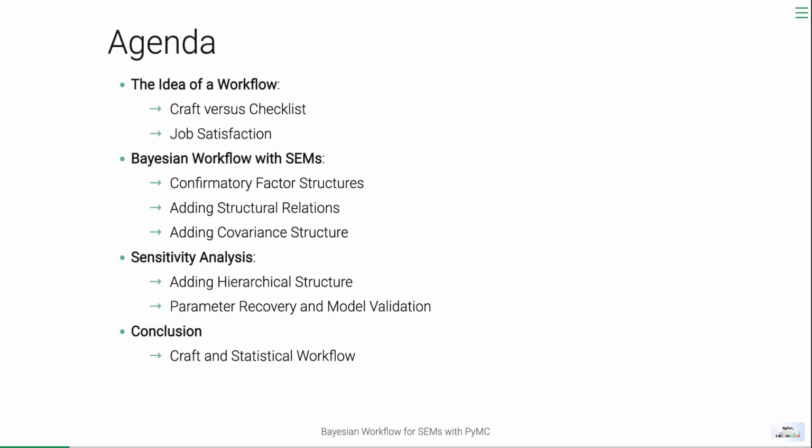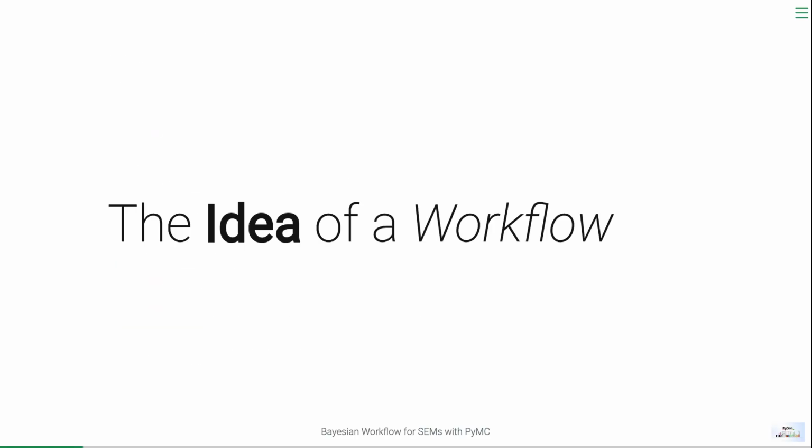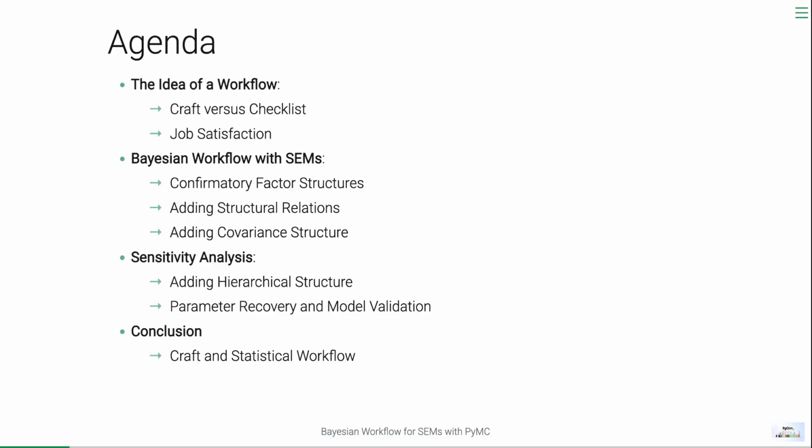It's going to be iterative and expansionary, and we're going to start with a relatively simple confirmatory factor model, and then step that up into a more elaborate structural equation model. I'm going to talk a little bit about sensitivity analysis, hierarchical versions of structural equation modeling, and parameter recovery validation checks. And then we're going to conclude with a reflection on the value of craft in your statistical workflow. I hope that's broadly clear.